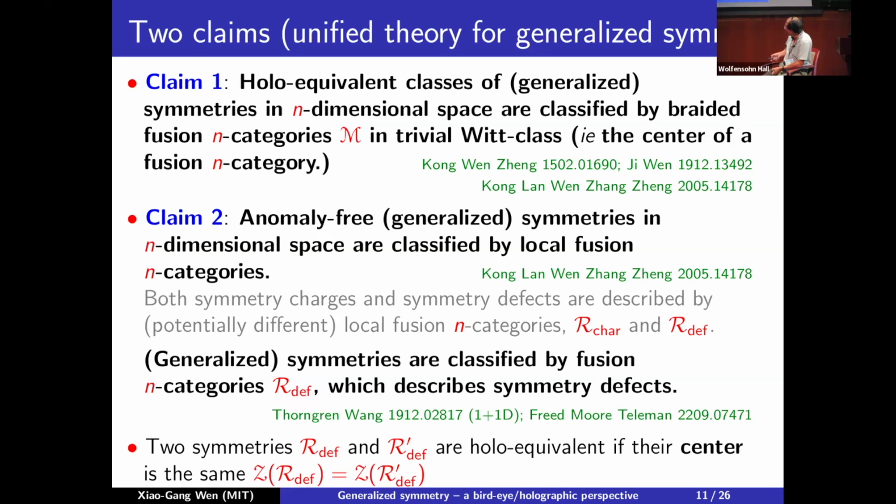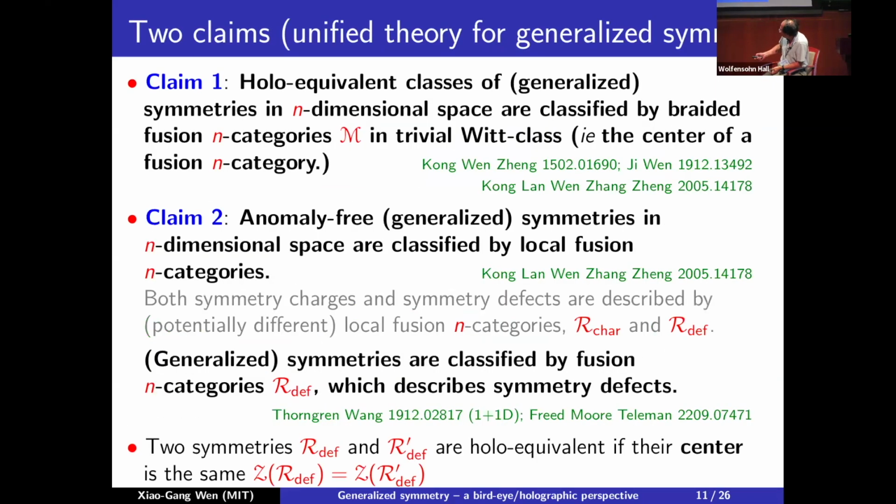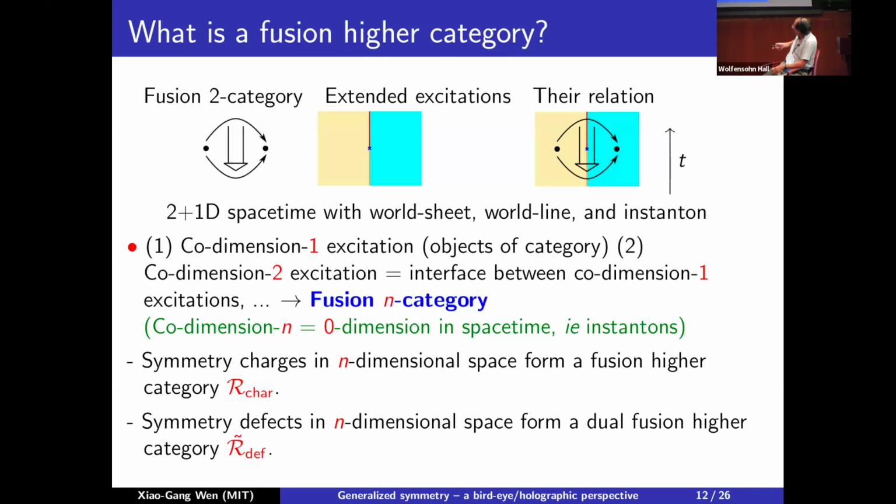So what are those categories? Another thing I want to say is that once you know the fusion category, two symmetries described by two fusion categories are holo-equivalent if their centers are the same. So we can also know when two symmetries are holo-equivalent. And what is a fusion higher category, actually?